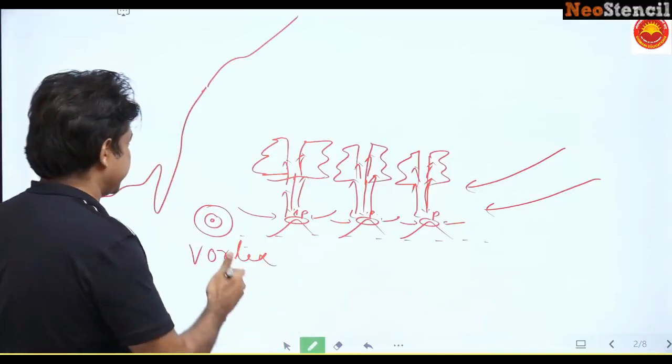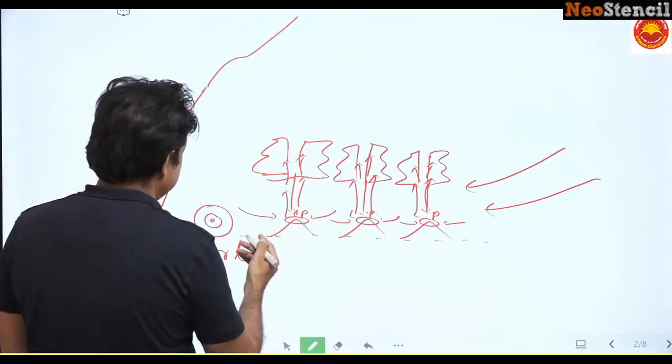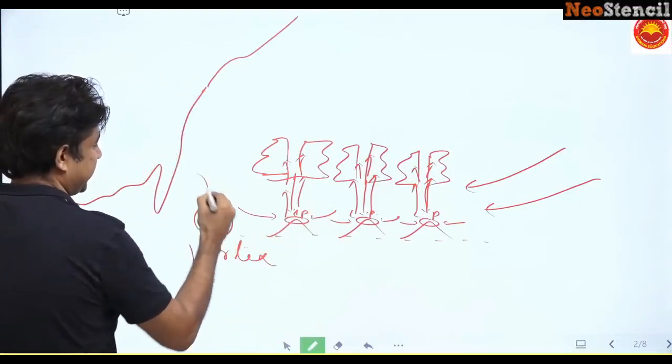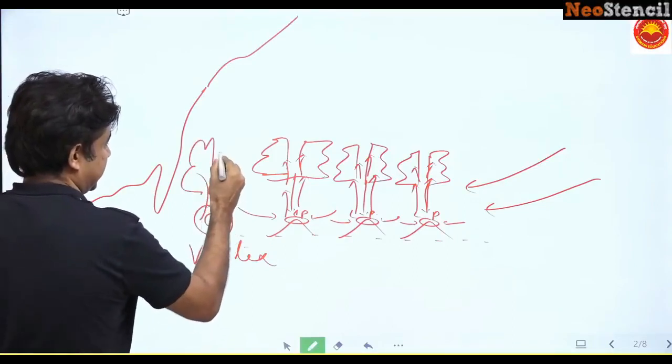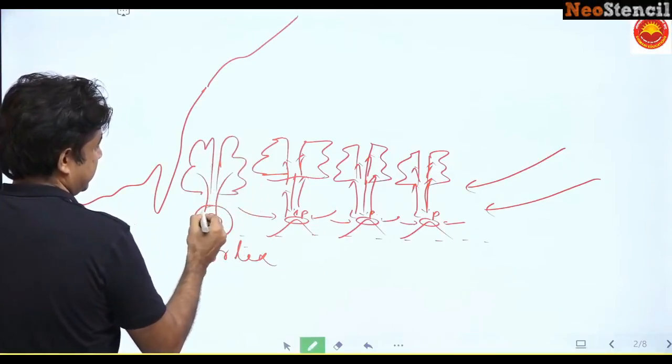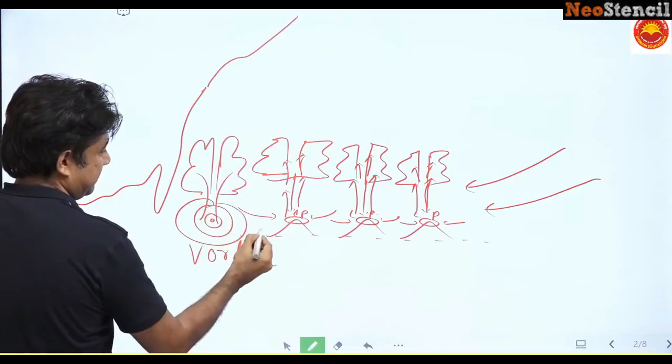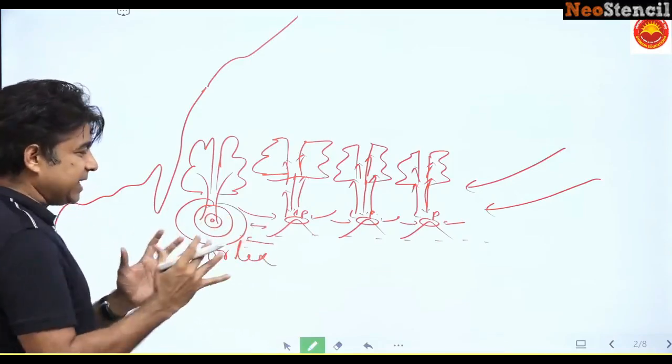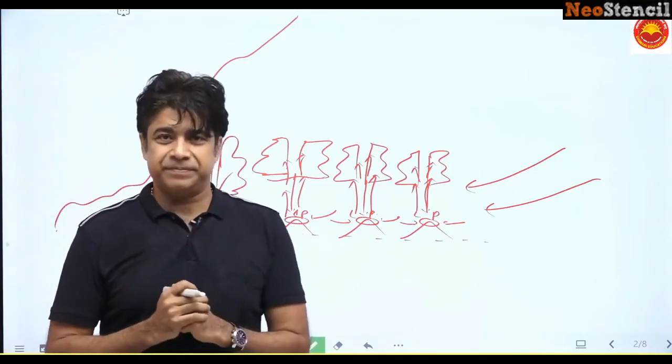Now as the vortex has started traveling along the surface with all the thunderstorms together, it will collect more moisture from the ocean.